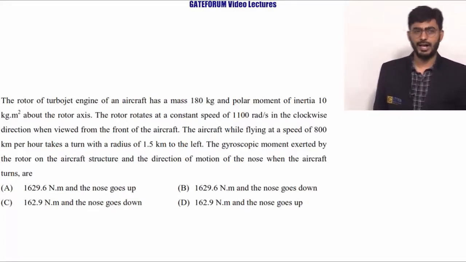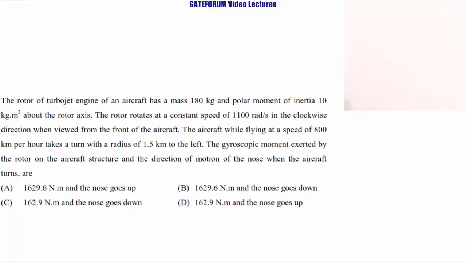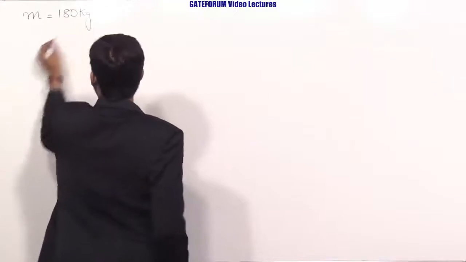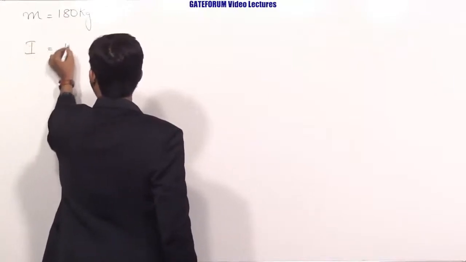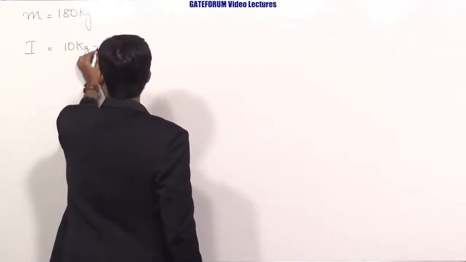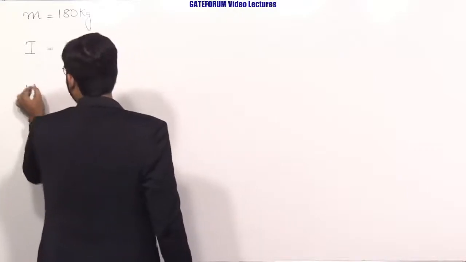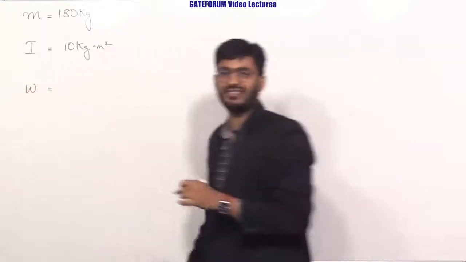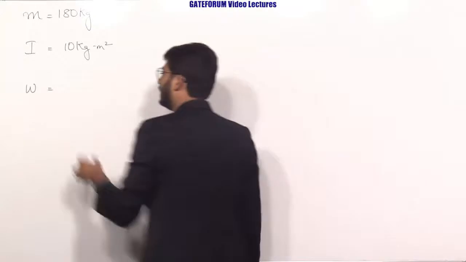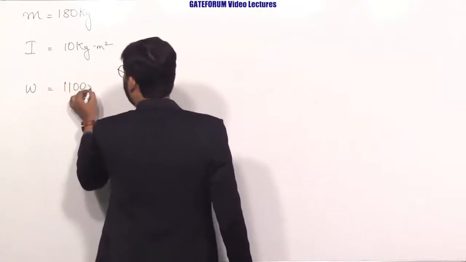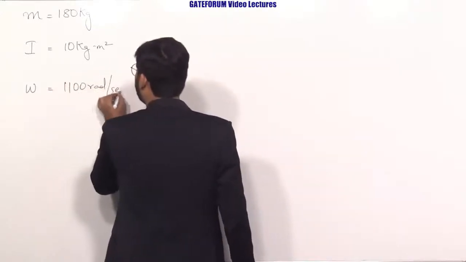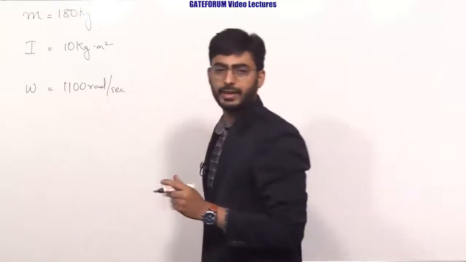Here the mass is given as 180 kg, the polar mass moment of inertia is given as 10 kg m², and the velocity of spin is given as 1100 radians per second.